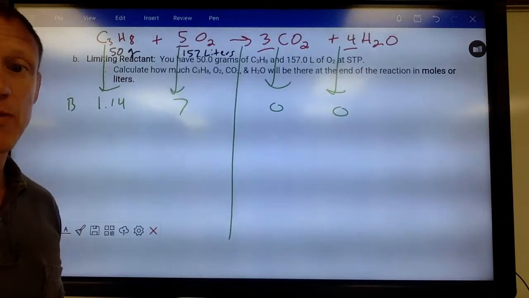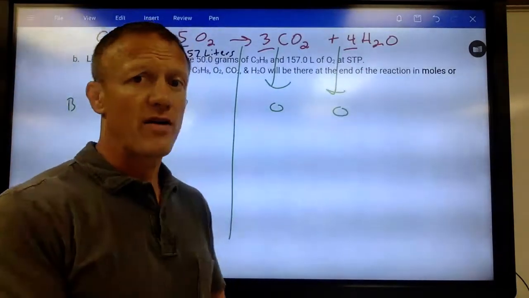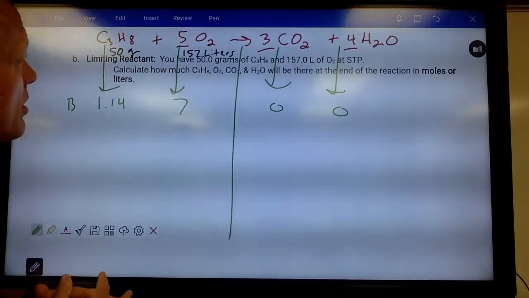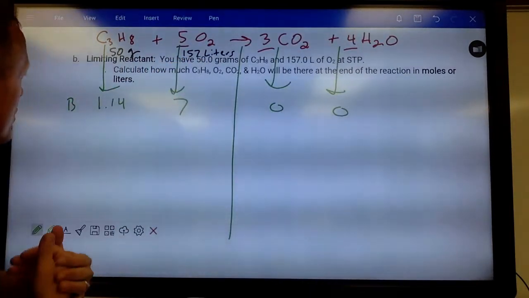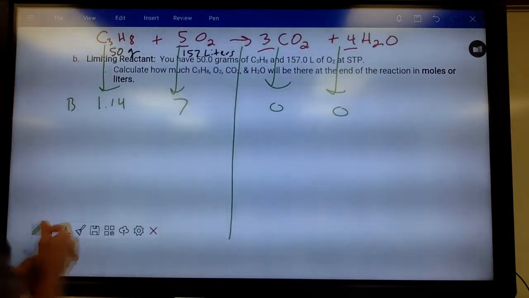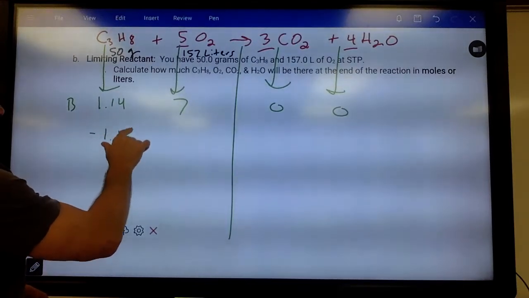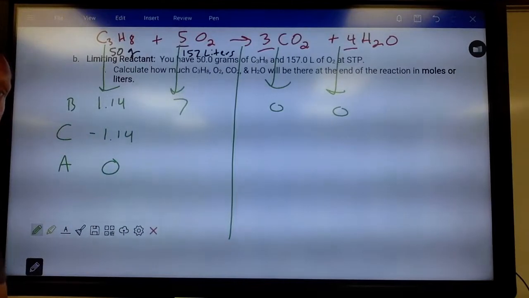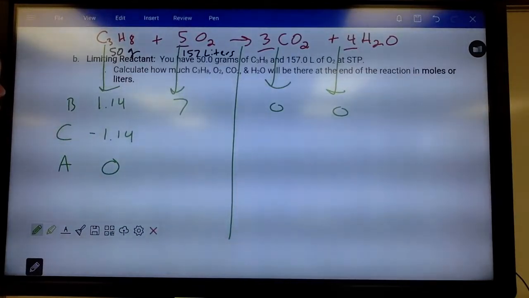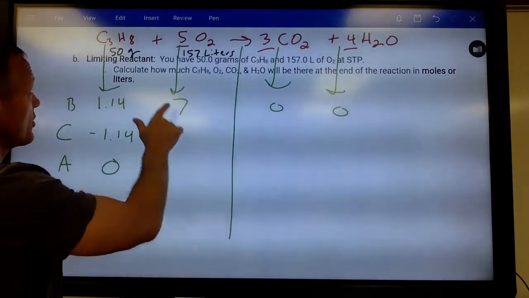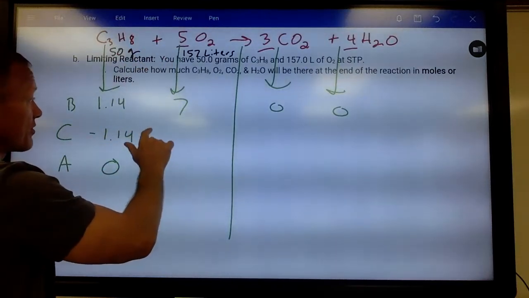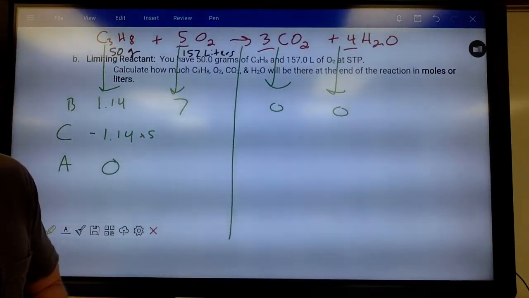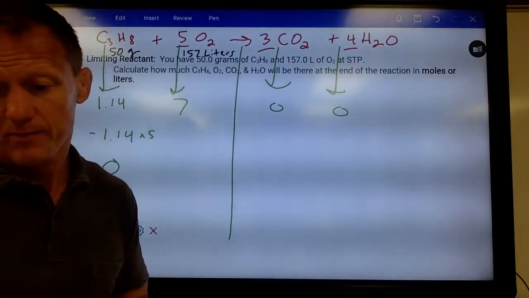Now we're going to figure out how many moles there are of everything at the end of the reaction, and probably how much excess oxygen there is. This is going down by 1.14 because it's my limiting reactant, so I know there's none of that after the reaction. To get from here to here, it's a 1:5 ratio, so take this times 5.